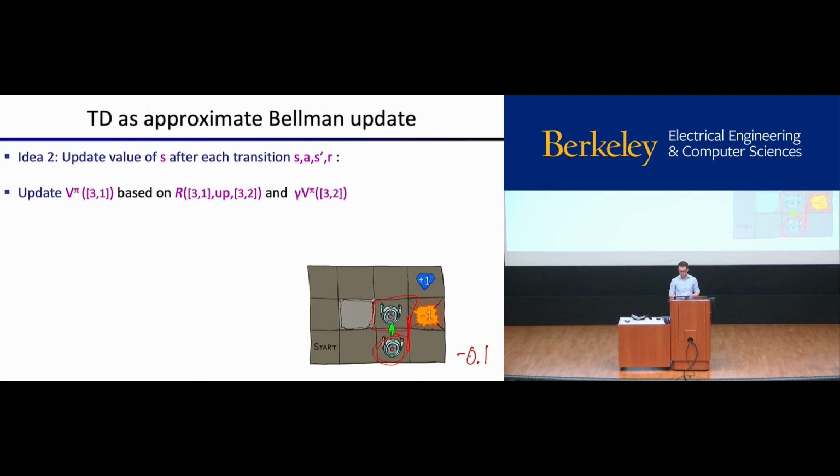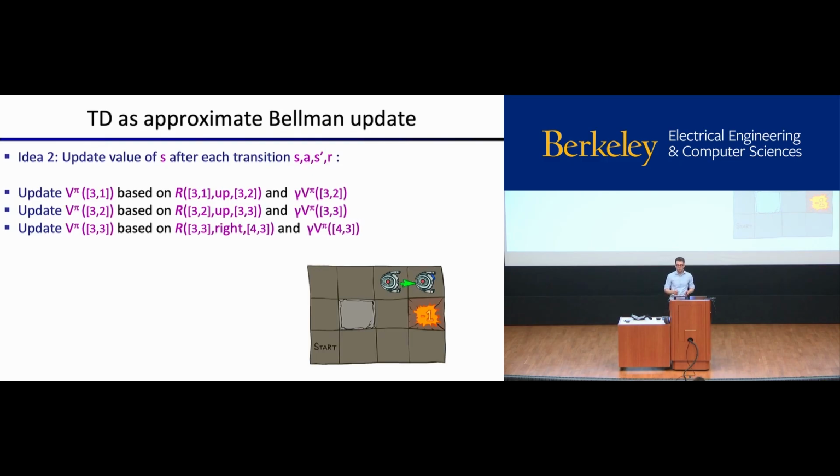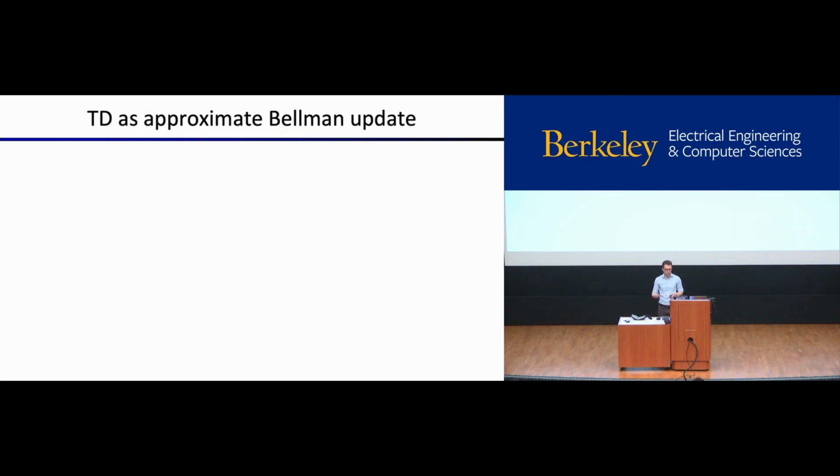Then we're in this state. I'll clear it out. We take another action, we end up in another state, we do another update. We're going to now update the value for this state according to this reward plus this value. And we keep doing this. So we then take another action, we end up in this final state, we're going to do a third update, and so on.